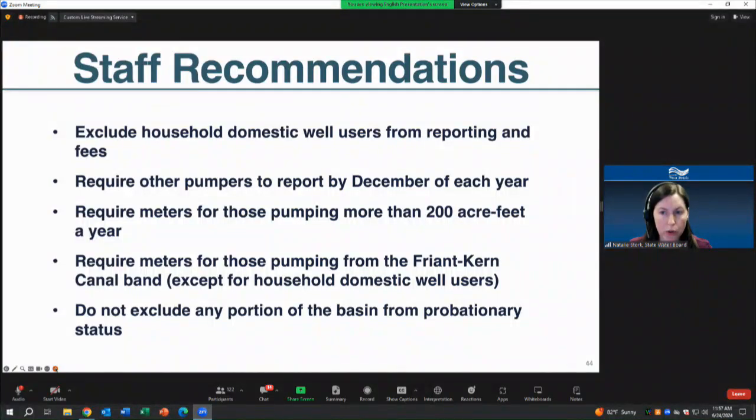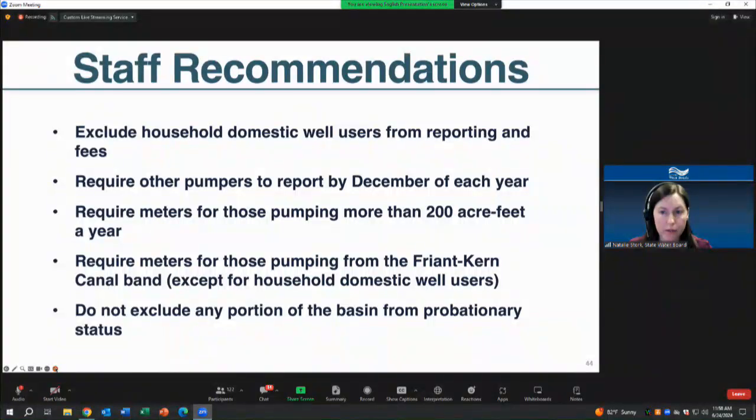Staff recommend that anyone who pumps from the wells located in the Friant-Kern Canal Band, which is 1 mile on either side of the canal, install a certified meter so that we can get accurate data on pumping near the canal. The law allows the board some leeway to exclude areas of the basin from probation.